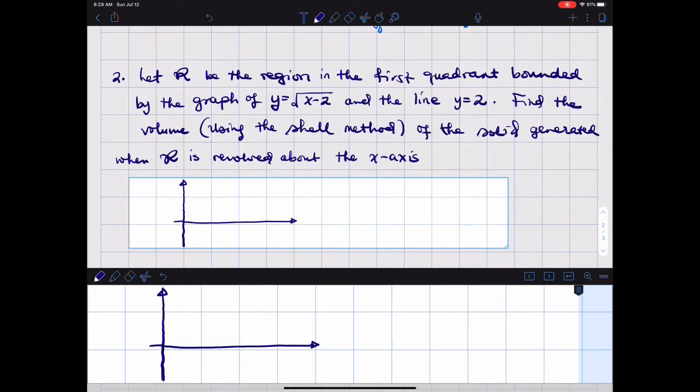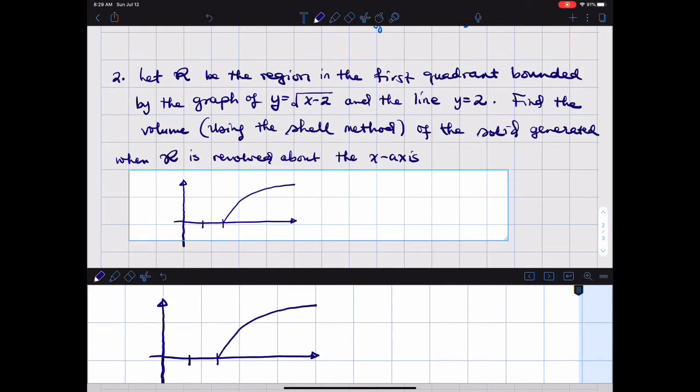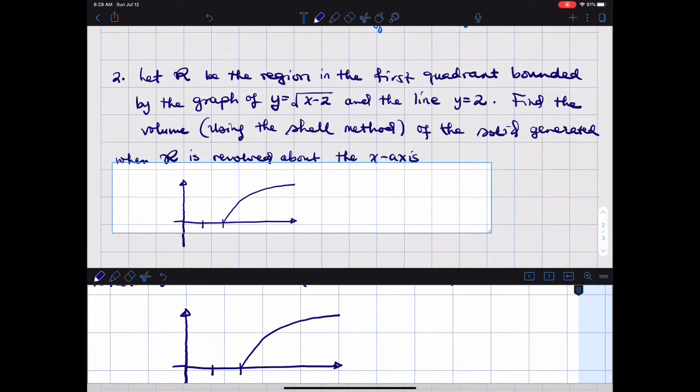And the graph of y equals square root of x minus 2 is just the graph of y equals square root of x shifted to the right 2 units. So we have 1 unit, 2 units. We shift it like that. All right. And then we have the line y equals 2.